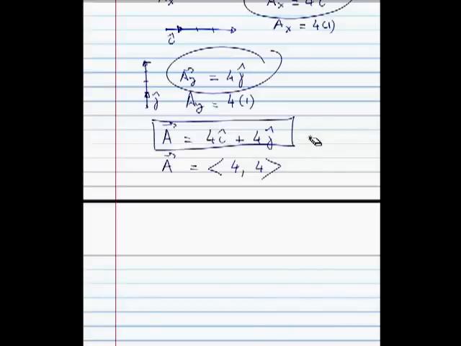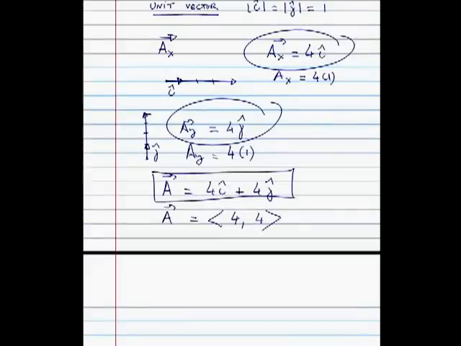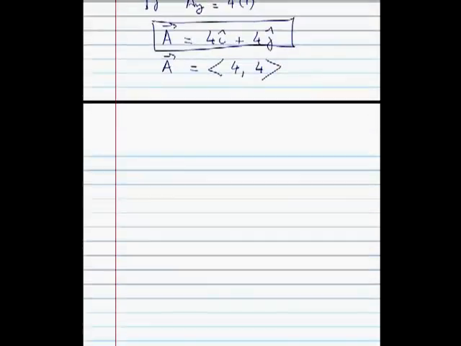Now, let's use this analogy to convert notation. Let's imagine that you're given a vector b such that the magnitude of b is equal to 2 and its direction is 30 degrees.